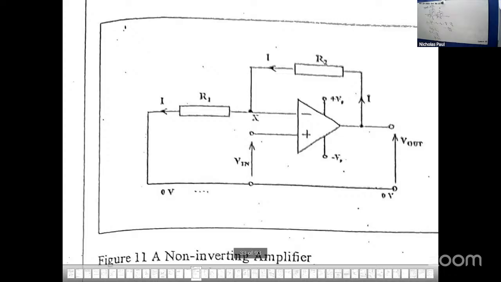Okay, let's put this phone there. So that's the circuit there, and that's a non-inverting amp.